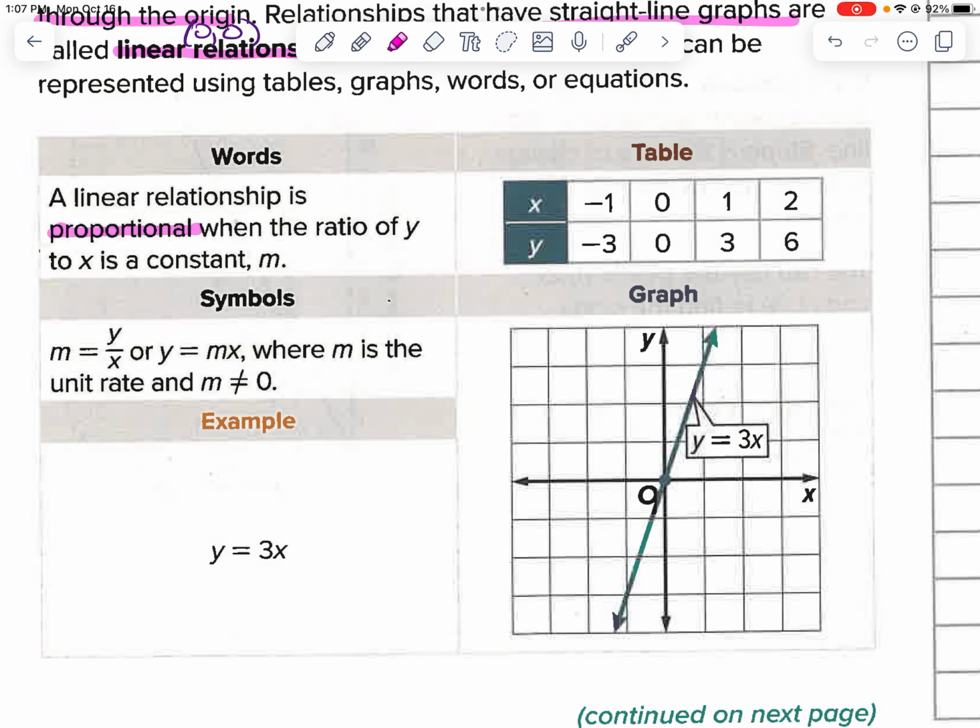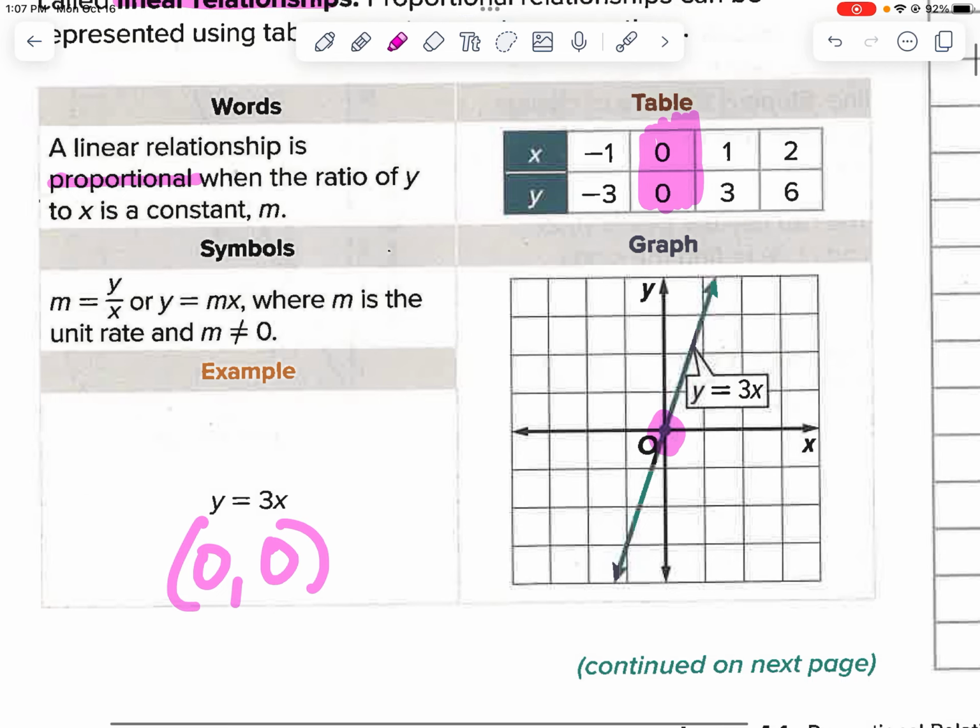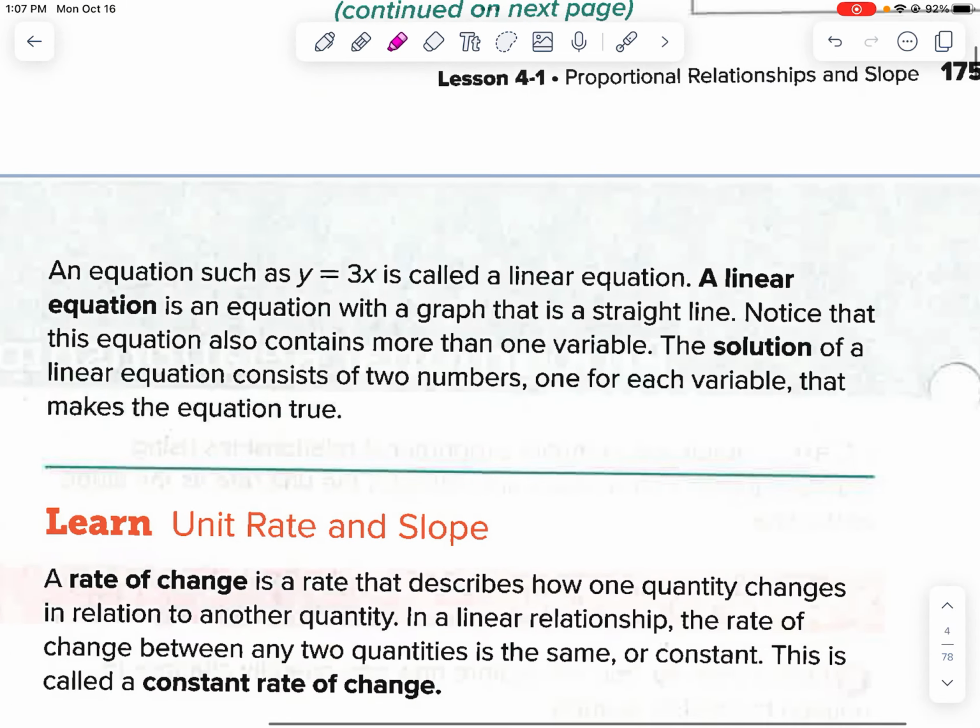When the ratio of y to x is constant m, it goes through the point 0, 0. If I was to plug this in and I plugged in 0 for x, 0 times 3 is 0. Okay, it goes through the point 0, 0. So here we go.